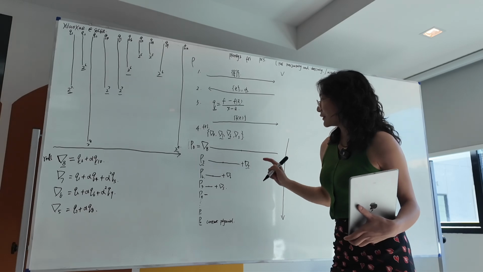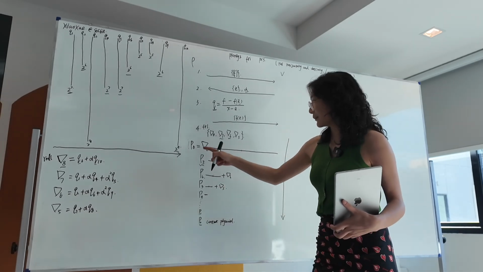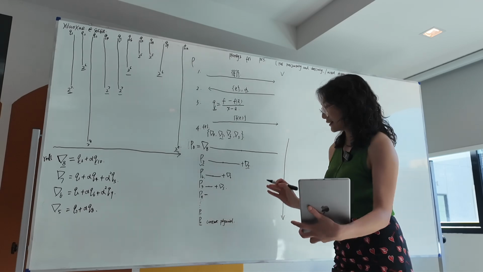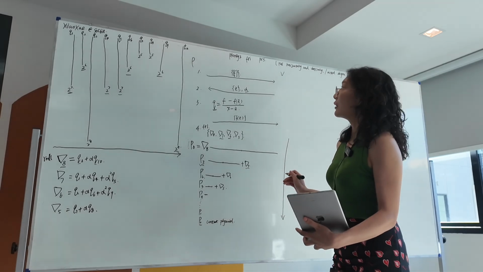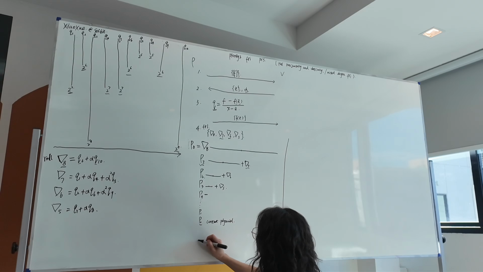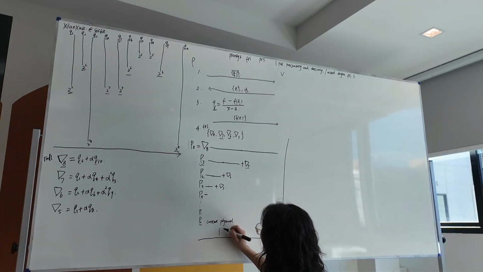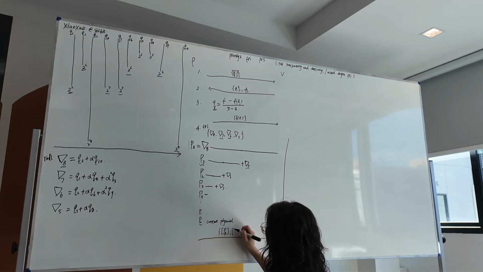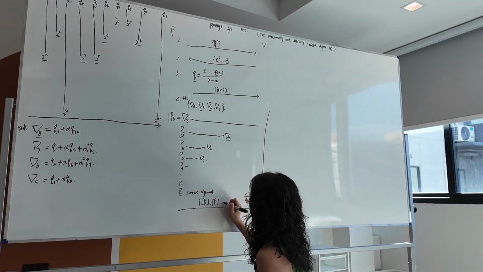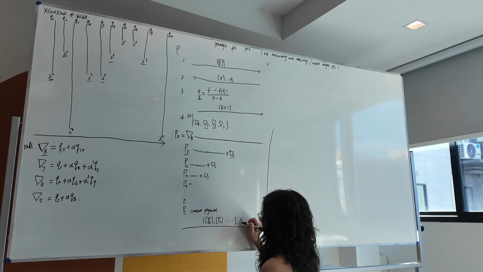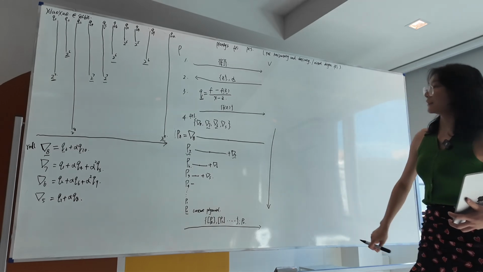And the prover needs to commit P8, P7 to P1 and send this commit to the verifier. P8, P7. And the constant polynomial P0 is sent to the verifier.